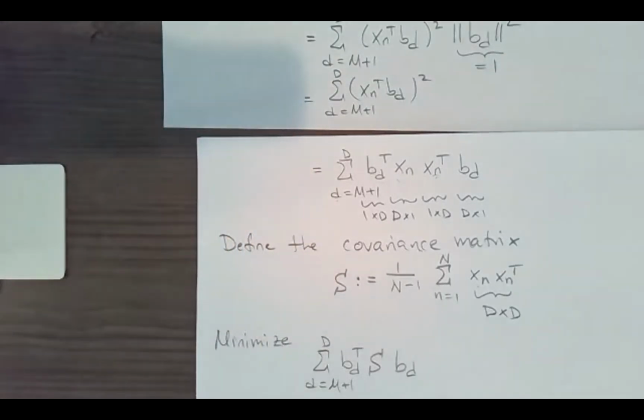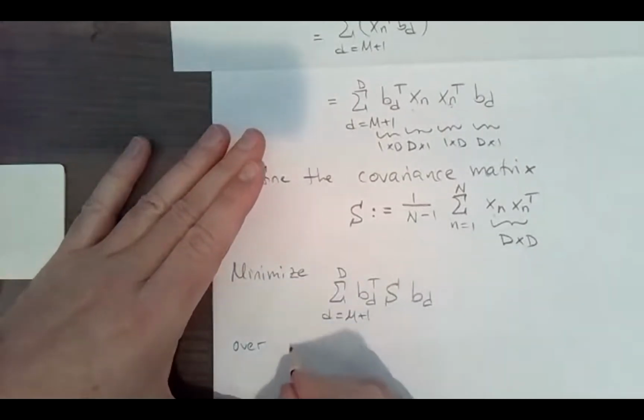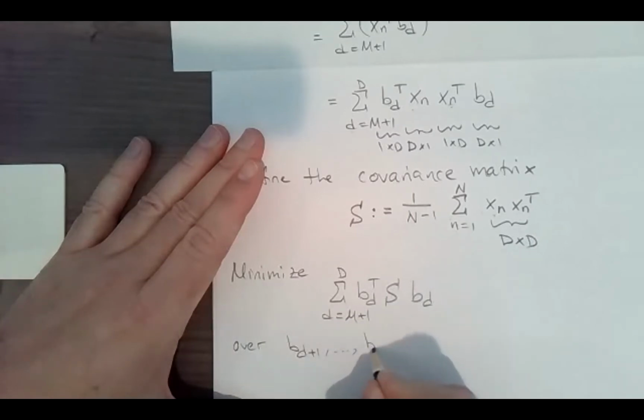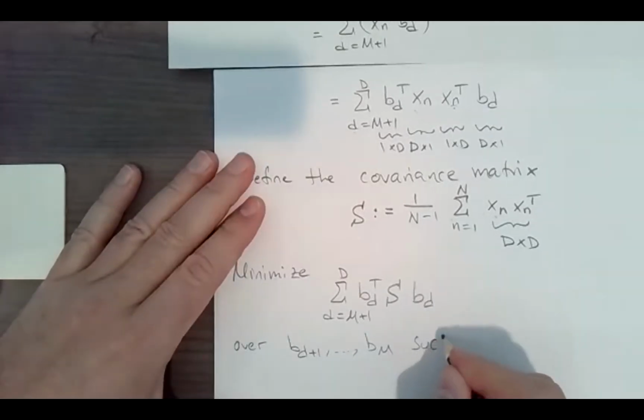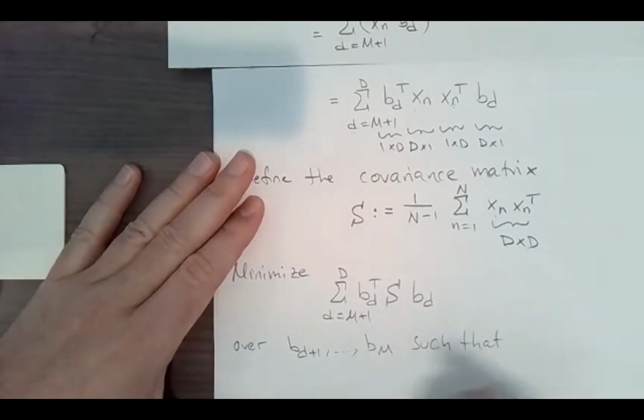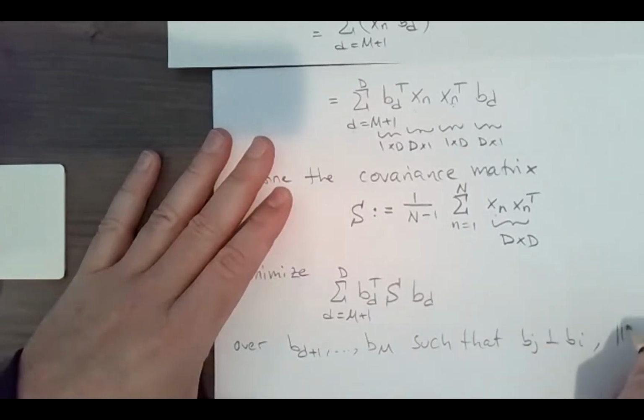Minimize this expression here over BM plus 1 all the way up to BD, such that Bj is orthogonal to Bi, and the length of them is always equal to 1.